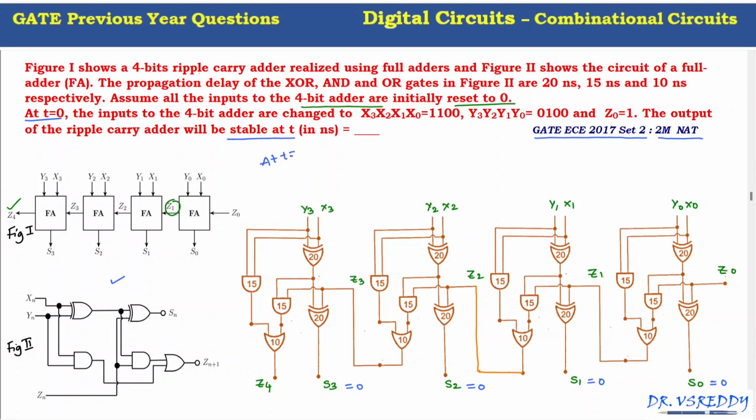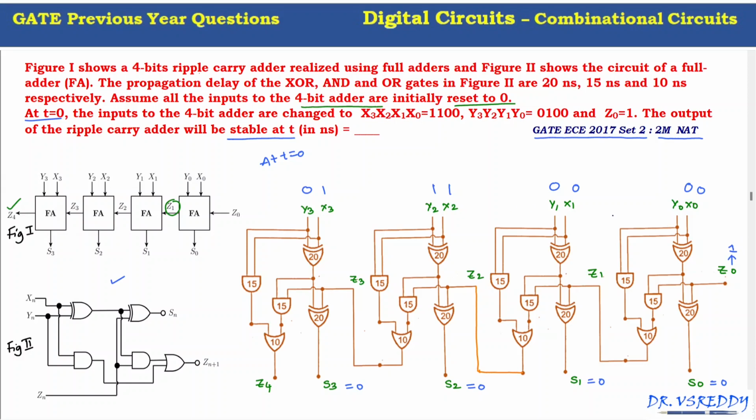At t equal to 0, x becomes 1100, y becomes 0100 and z0 is 1.